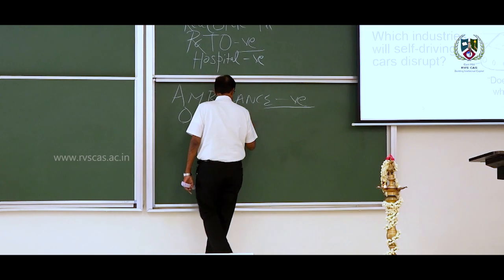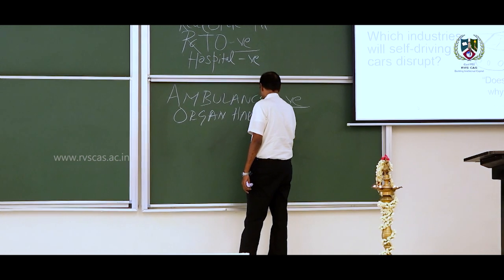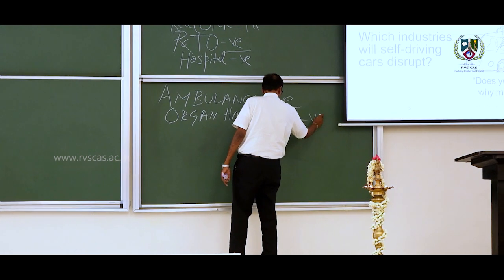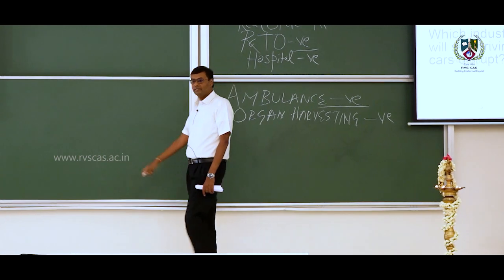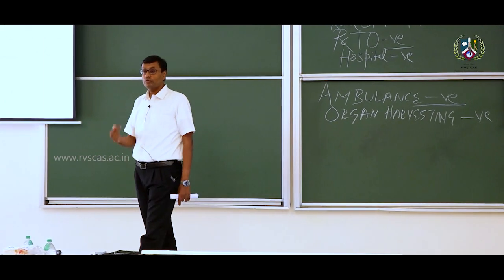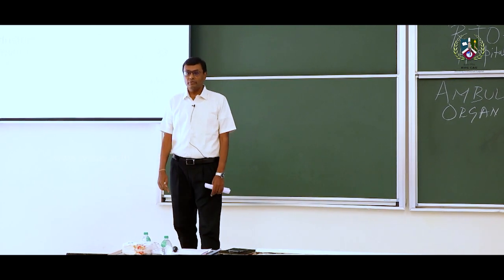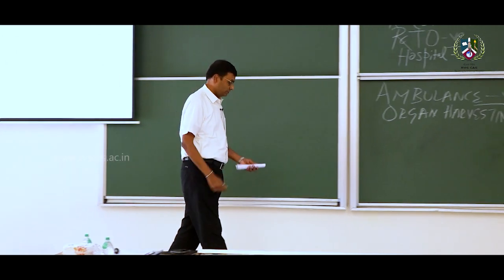Do you think this is going to be affected? Secretary ma'am, is it going to be affected? Because most of the organs, kidney transplants, are all coming from accident victims, right? If they agree to it.